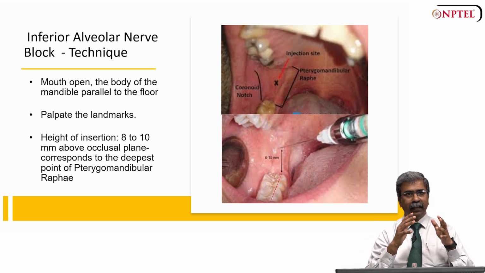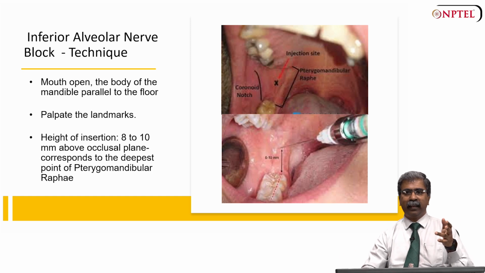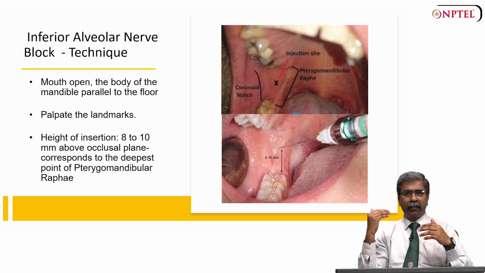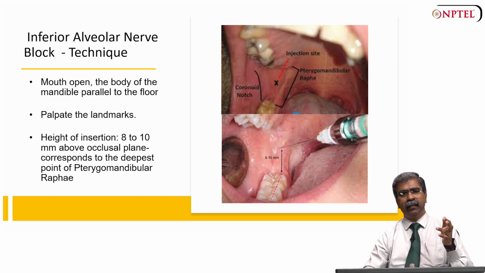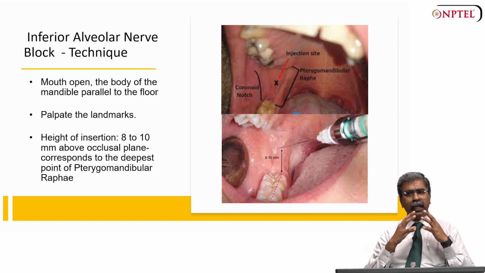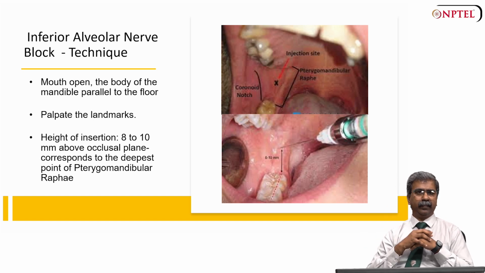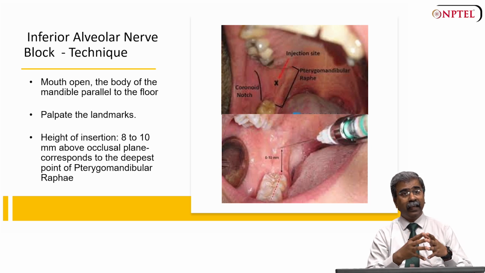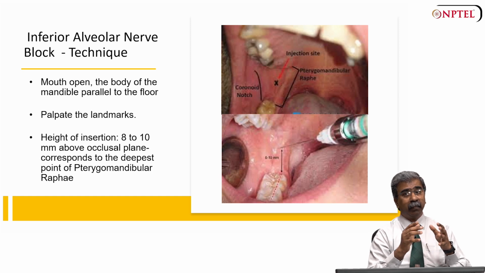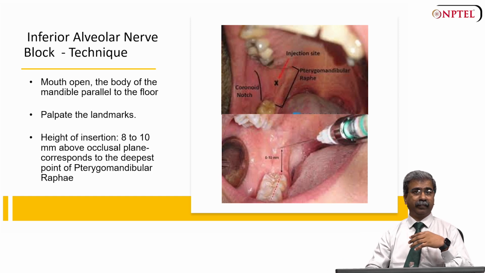You palpate the key landmarks, starting from the mucobuccal fold to the external oblique ridge and the retromolar triangle. The height of insertion of the needle will be approximately 8 to 10 mm above the occlusal plane, which will correspond to the deepest point of the pterygomandibular raphe, ensuring that the needle enters the pterygomandibular space effectively.